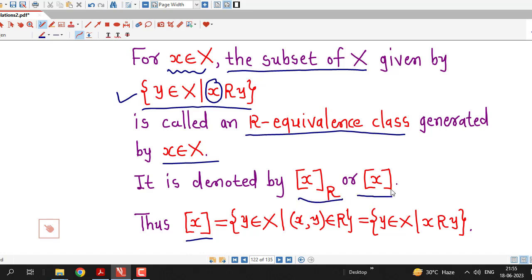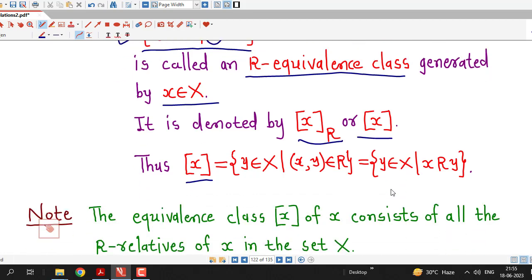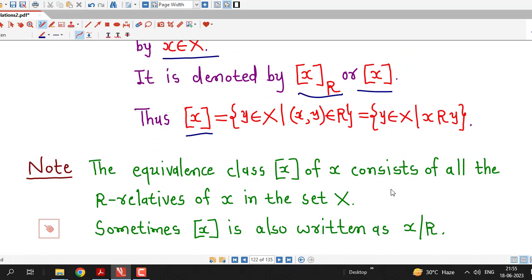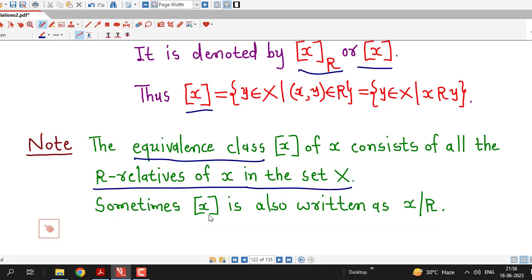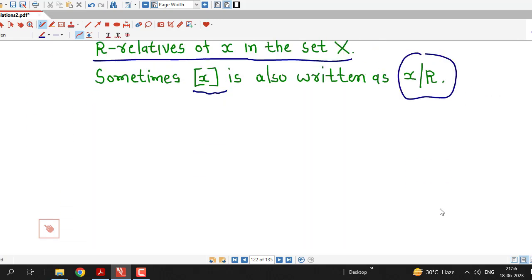We can use this or this notation, and equivalence class of x consists of all the R relatives of x in the set X. The relatives of x in the set X constitute an equivalence class generated by that element x. The equivalence class generated by x can also be written as this symbol, X quotient R.